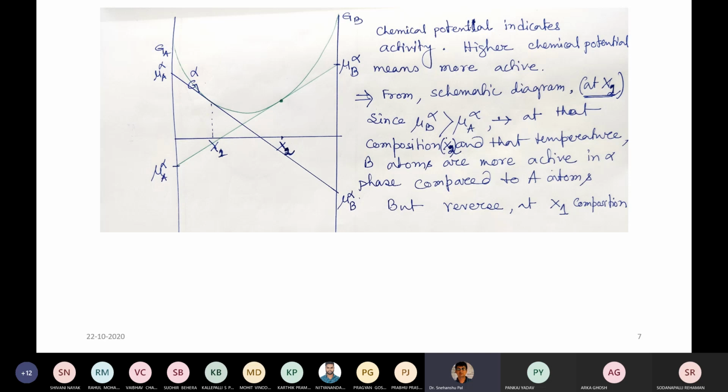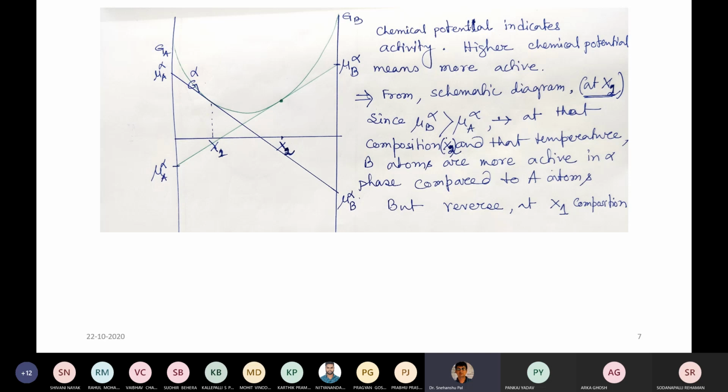So how to do that? Suppose first we go for the X2 composition. X1 is there, but we go for X2 first. What will happen? You just draw a tangent to the curve at that composition. Since you are drawing only a 2D diagram, a free energy versus composition diagram means you are taking one particular temperature constant.